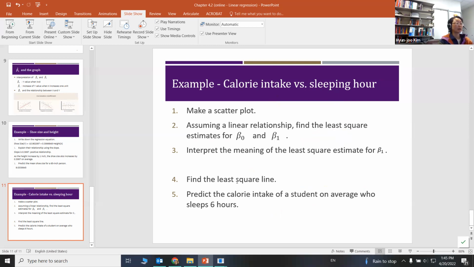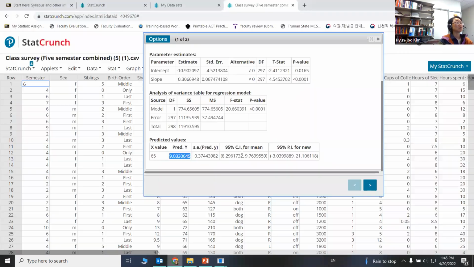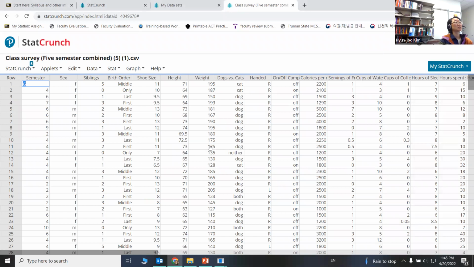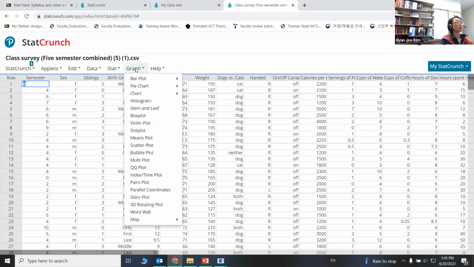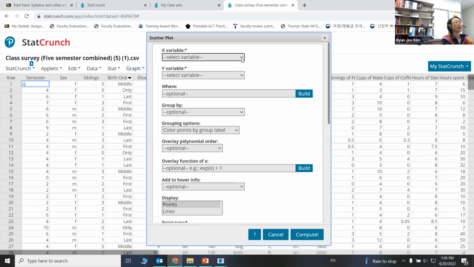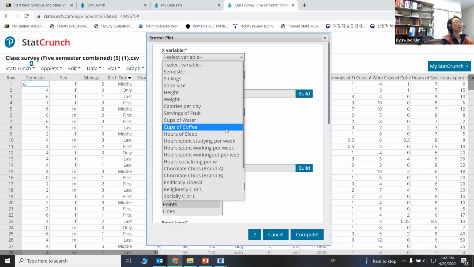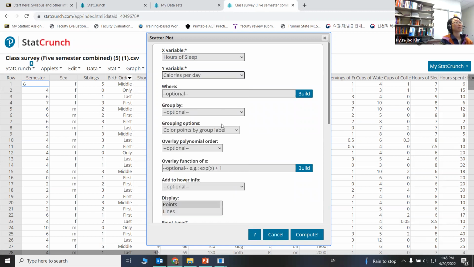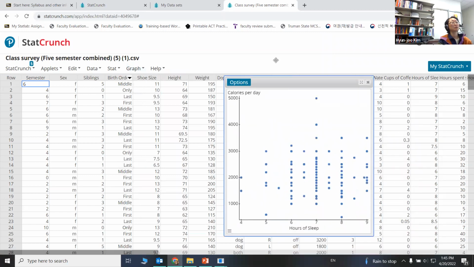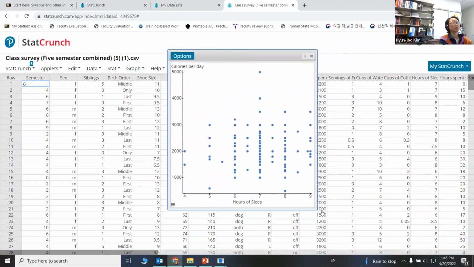So let's go back to our StatCrunch. Okay, and I'm going to close that. And then I go to Graph, and Scatter Plot, and my X is sleeping hour, and Y is calorie intake. Okay, so if you compute, you're going to see this scatter plot.